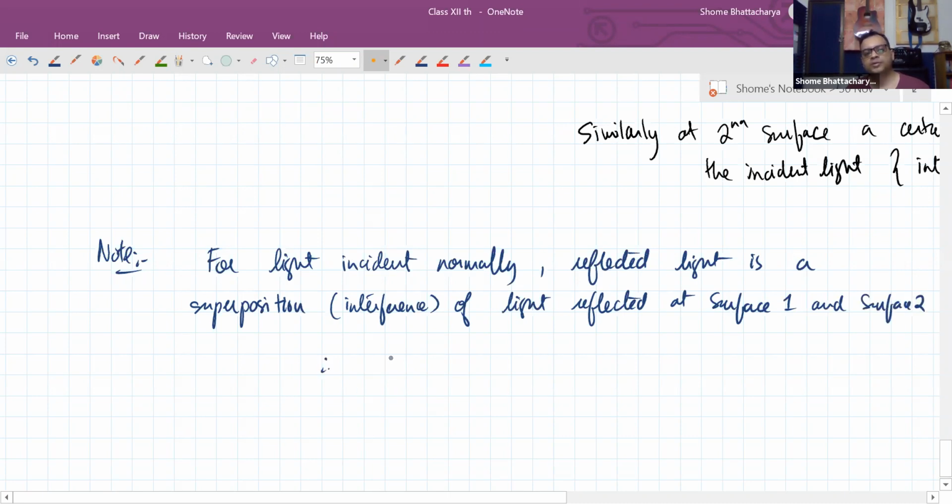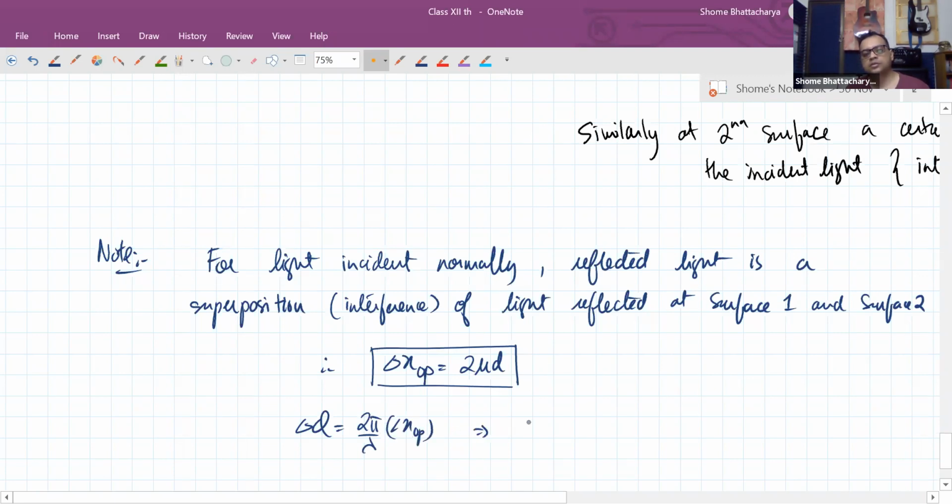Okay. So the optical path difference will be twice of mu into d, where d is the thickness. Okay. And the phase difference will be 2 pi by lambda into optical path difference. So the phase difference delta phi will become this.